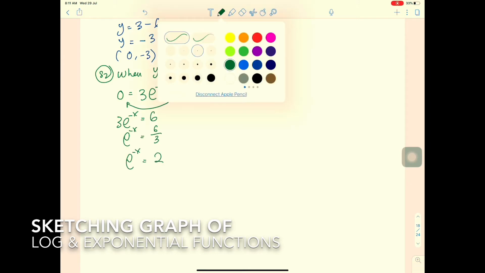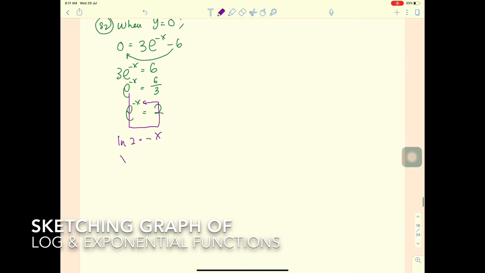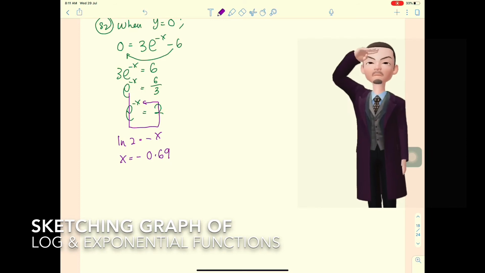And then by using the ln shape, ln e passes through 2, equals ln 2 equals negative x. Therefore x, by using the calculator, is negative 0.69.